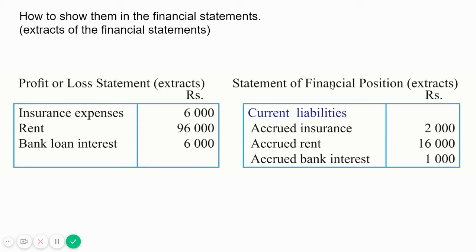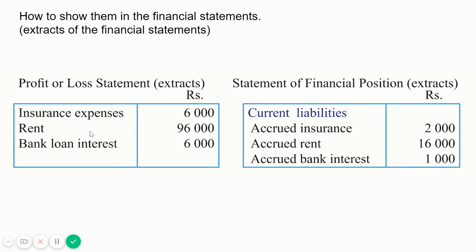In the statement of financial position extract, they are going to show the amount which is not paid, which is to be paid, or the payable amount of each expense. So here the full insurance amount is 6,000, but the accrued insurance will be 2,000 rupees only.